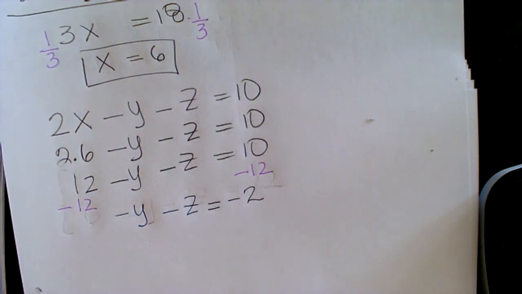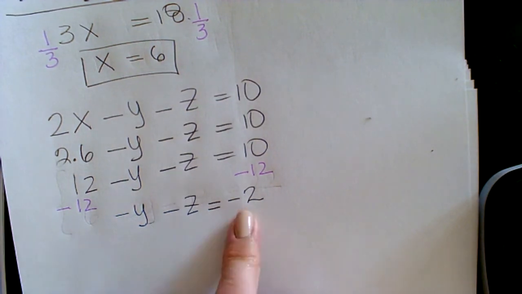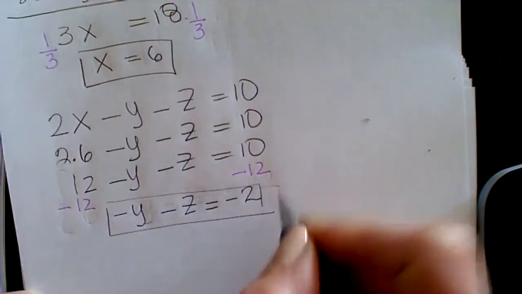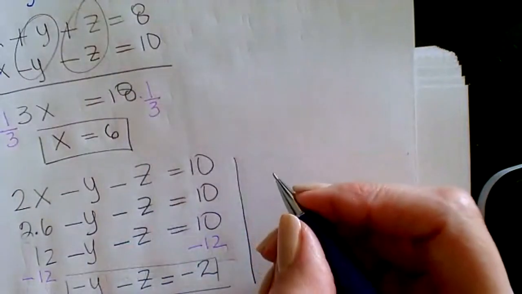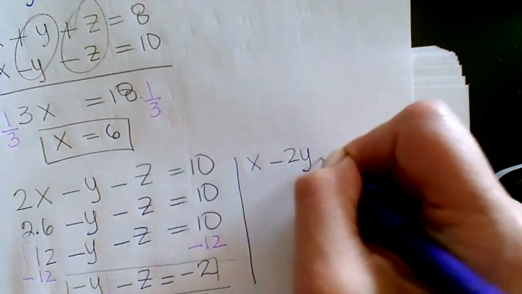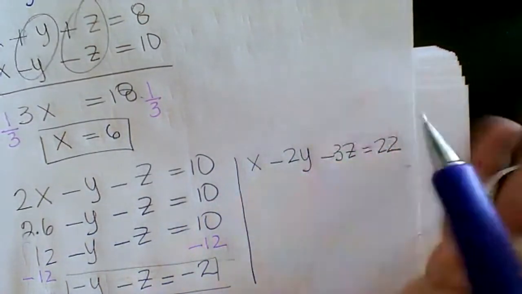Okay. So this is one equation that I have. And let's do the other one. The other one, we said we were going to use the x minus 2y minus 3z equals 22.